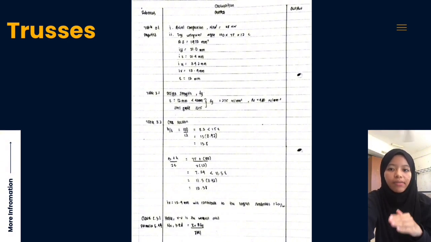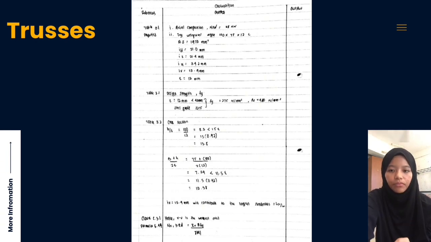So B is 75 and H is 100, so 75 plus 100 over 2 multiplied by 12, T is 12 millimeter, and then we will get 7.29, smaller than 11.5 epsilon. So epsilon is still 0.92, so 11.5 multiplied by 0.92, we'll get 10.58.